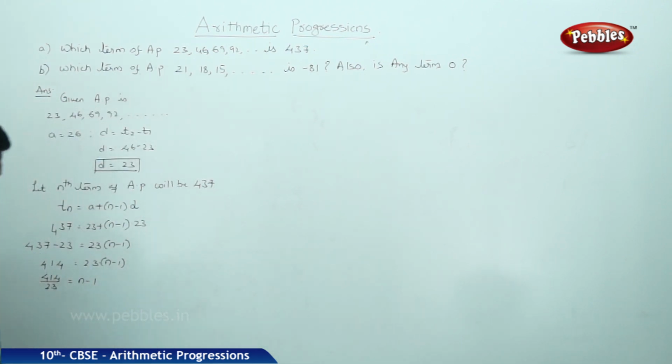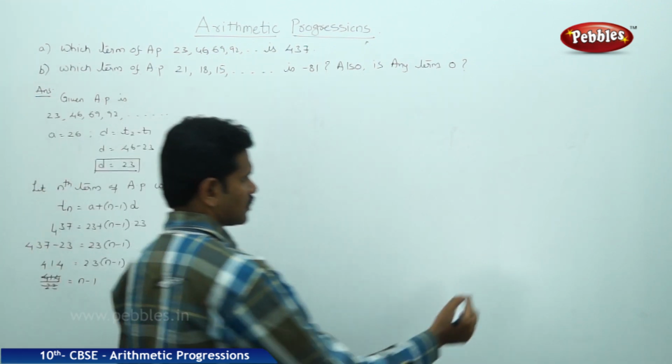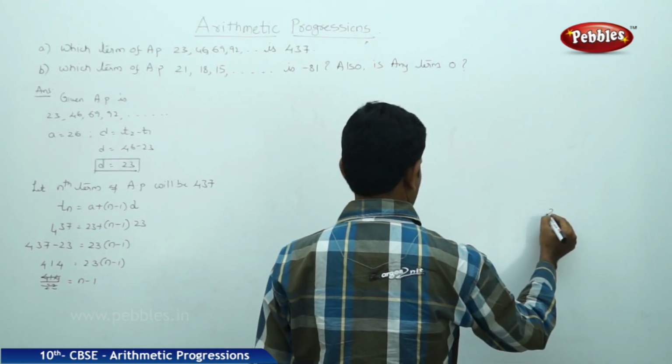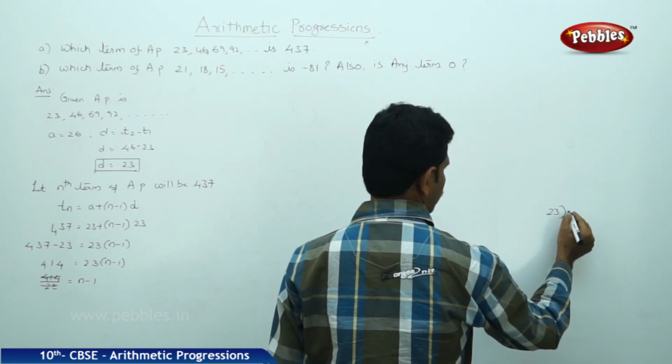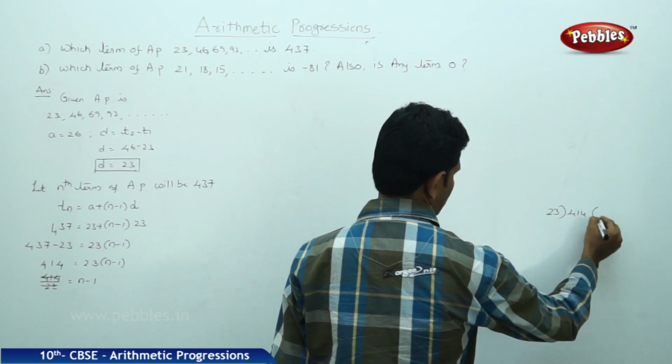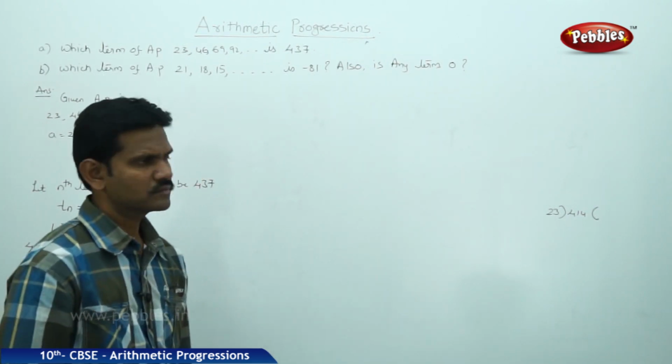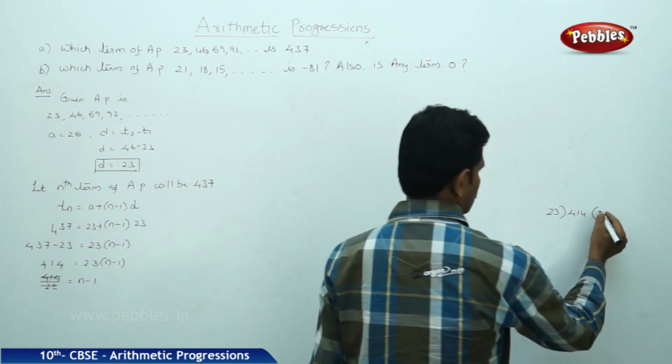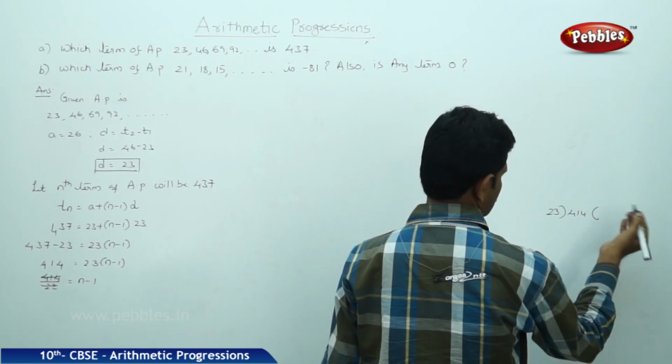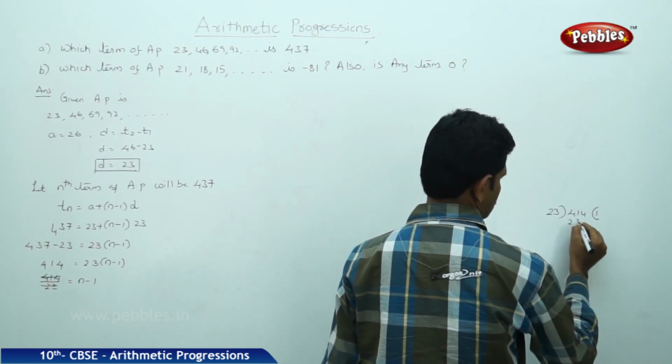That is, in the 23 table, 414 cancels how many times? Let us do the rough work here. That is 23 table, 414. That is 1 time, 2 times means it's more. 1 time 23.